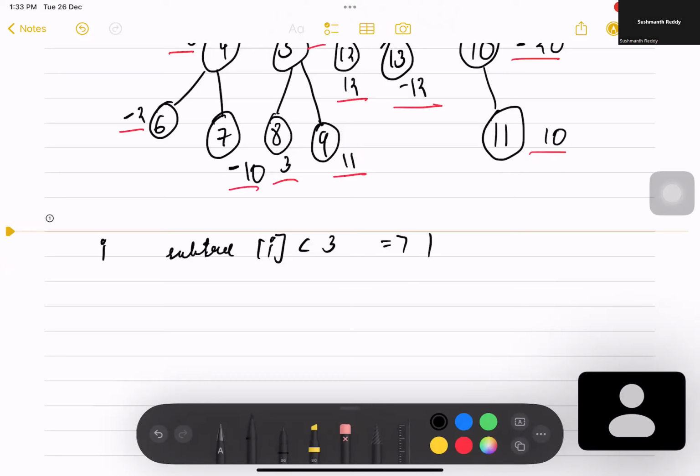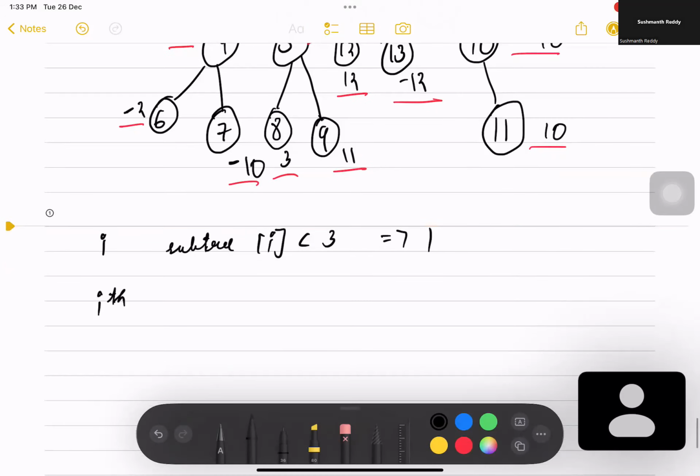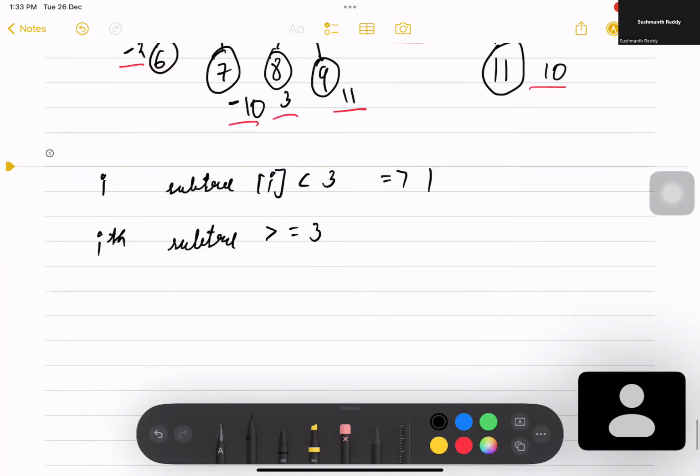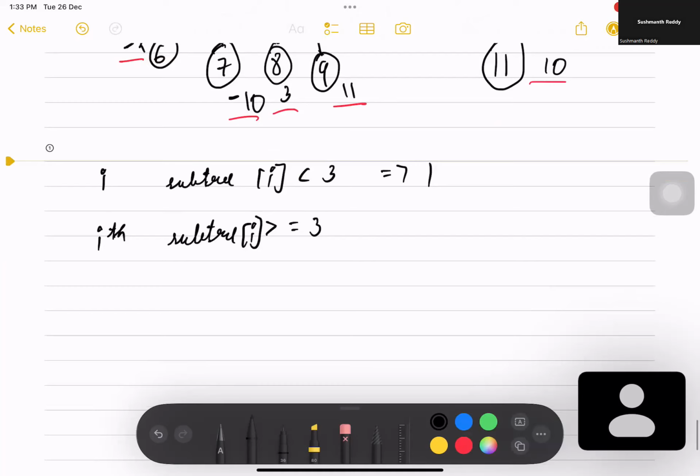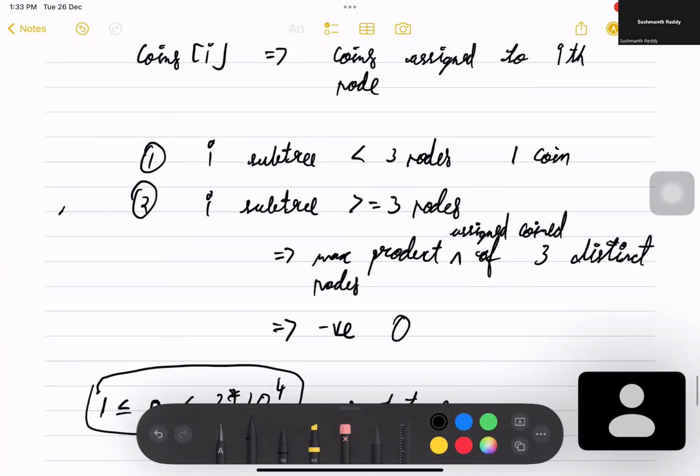Now, if the ith node's subtree size is greater than or equal to 3, for sure we should place the number of coins based on the second criteria, right?